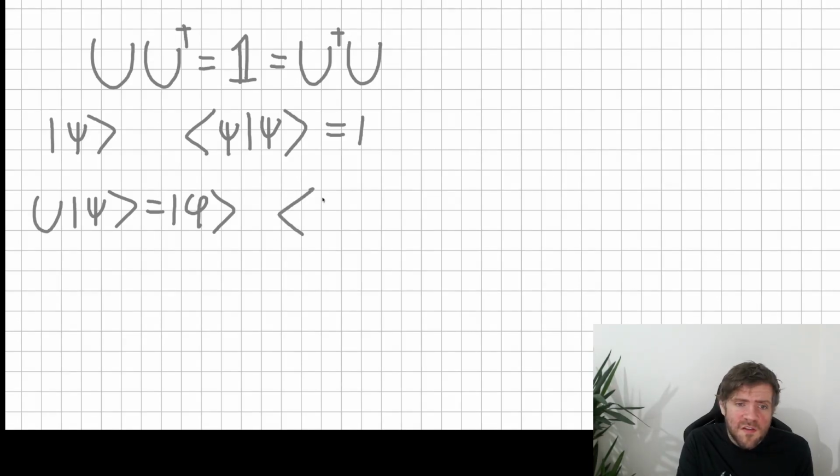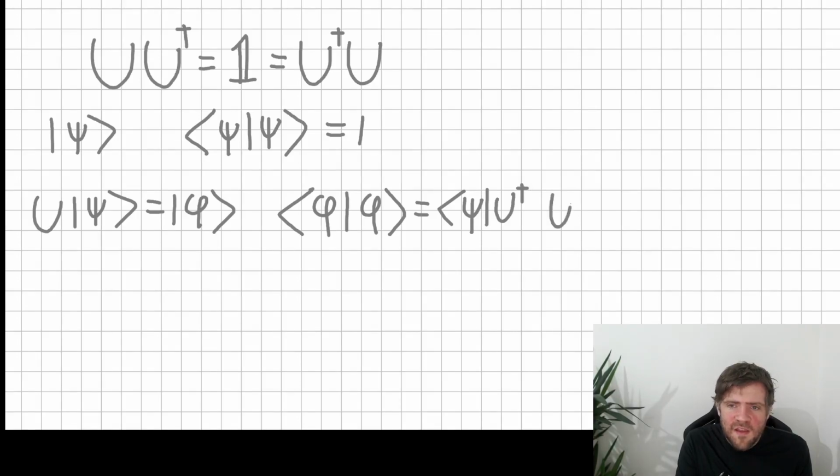Well, the inner product of phi with itself is the inner product of, and we already noted before that the effect that U has on the ket form of a state, U dagger has the same effect on the bra form.